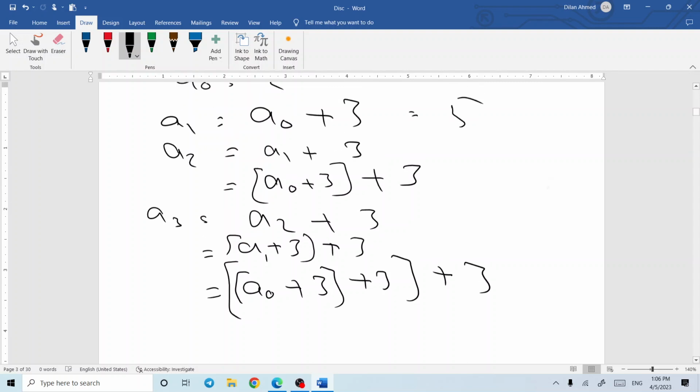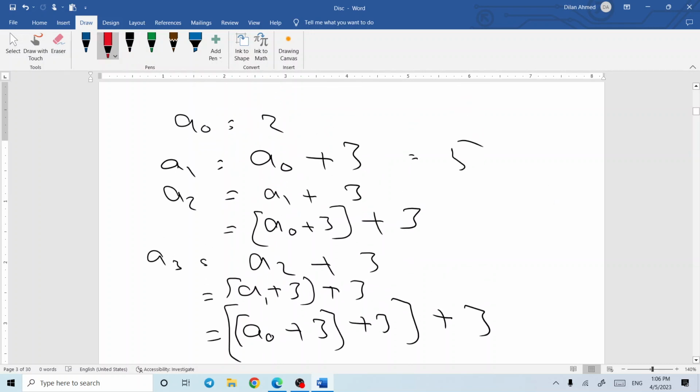Now we can find the formula. a_1 is equal to 2 plus 3 times 1. How about here? We can say it is equal to 2 plus 3 multiplied by 2.